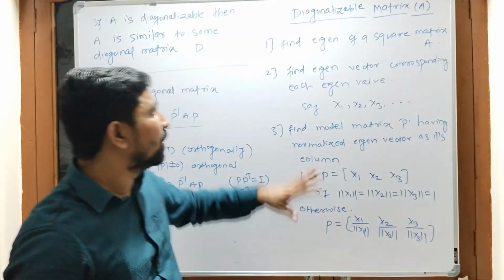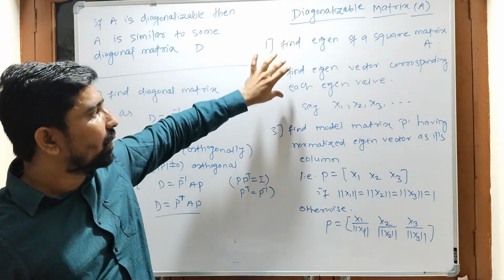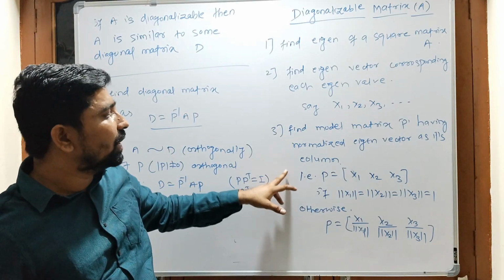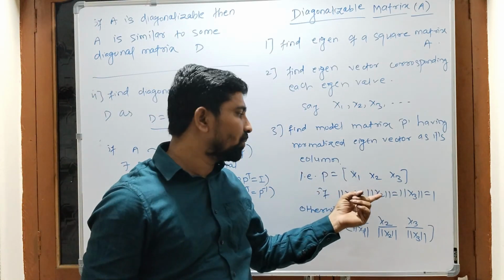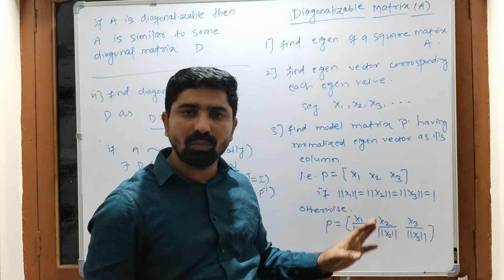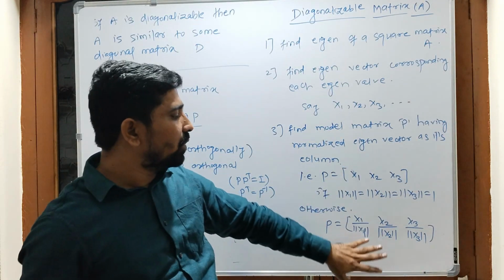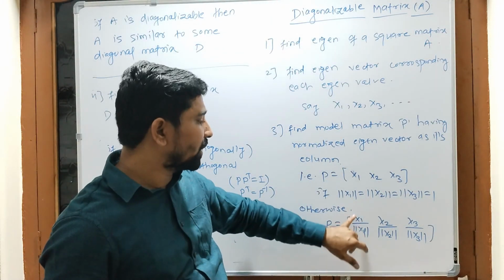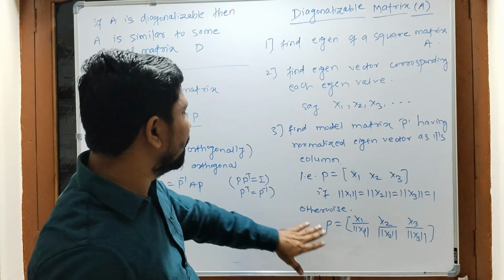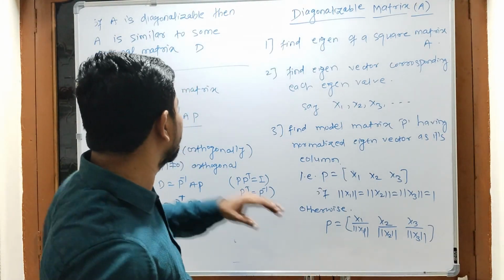First find the eigenvalues, find the eigenvector corresponding to each eigenvalue, then form the modal matrix P. Check whether the eigenvectors are normalized. If not, make these vectors, that is x1 dash, x2 dash, x3 dash, normalized, and let's say this is the P, that is the modal matrix.